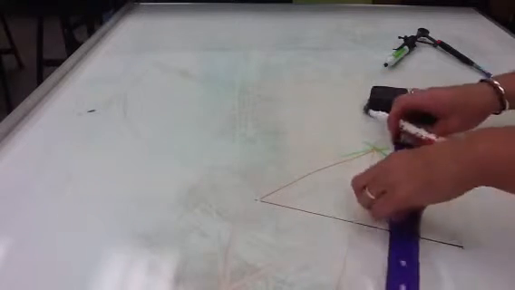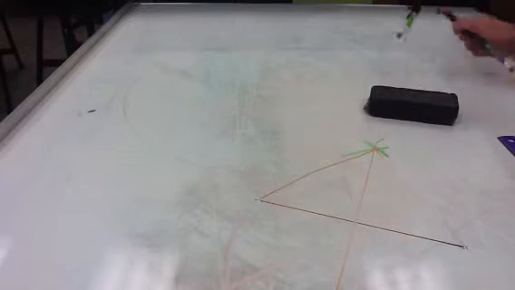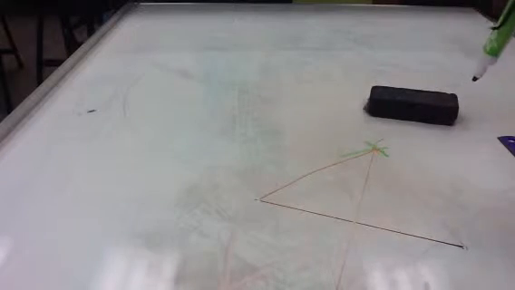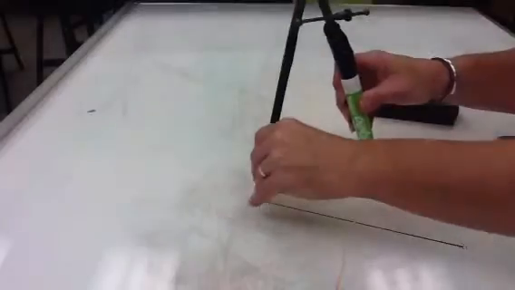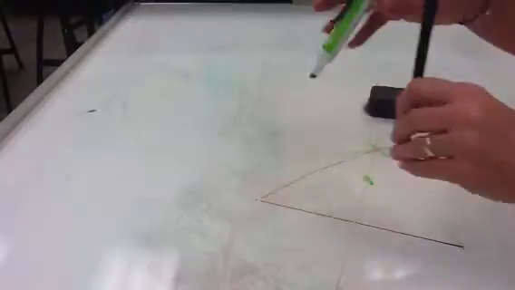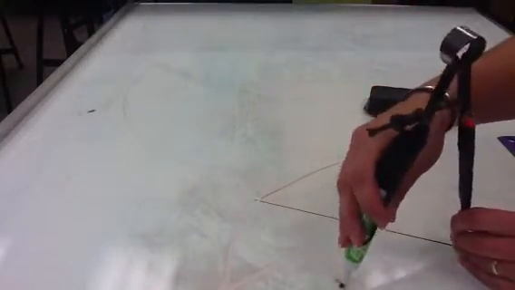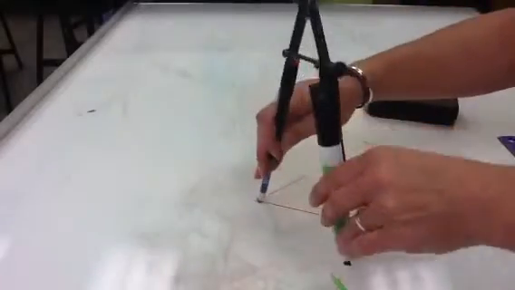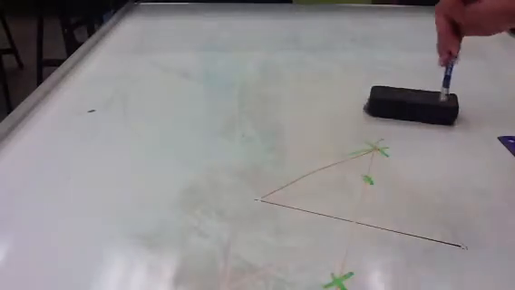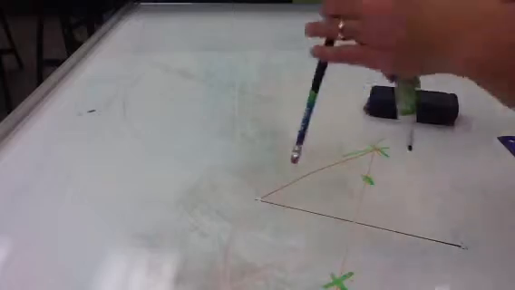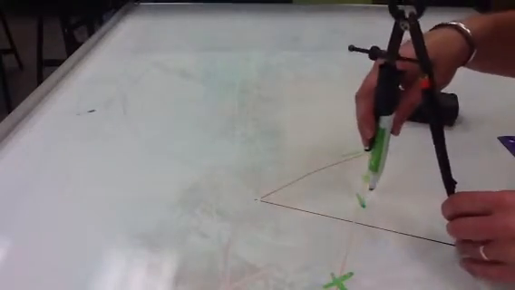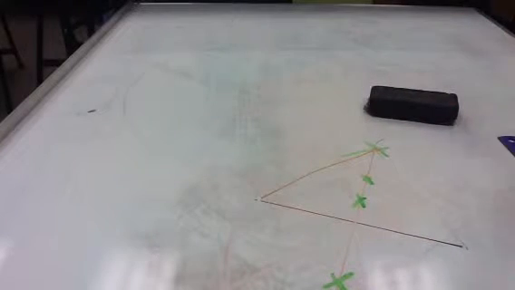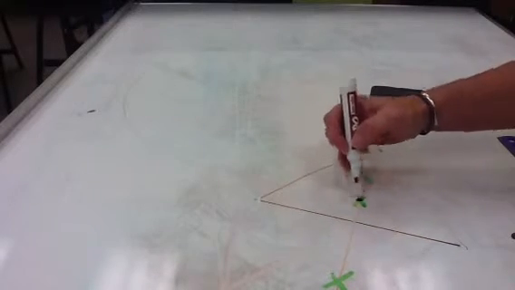If you were to check this with your compass, this point here is an equal distance from both endpoints. And this point here is an equal distance from both endpoints. You can make your compass even a little smaller, and you can say this point right here, where those two cross, is an equal distance from each endpoint.